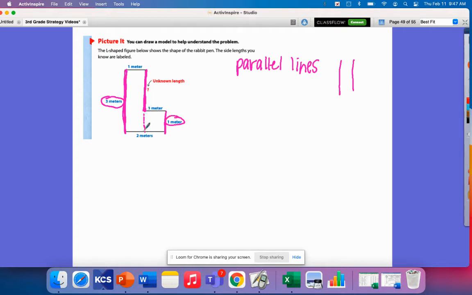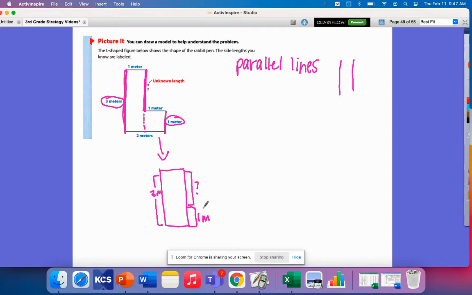If I took this apart and brought this down here, I know that this little section is 1 meter and that this one is 3 meters. So I just need to find this part here.